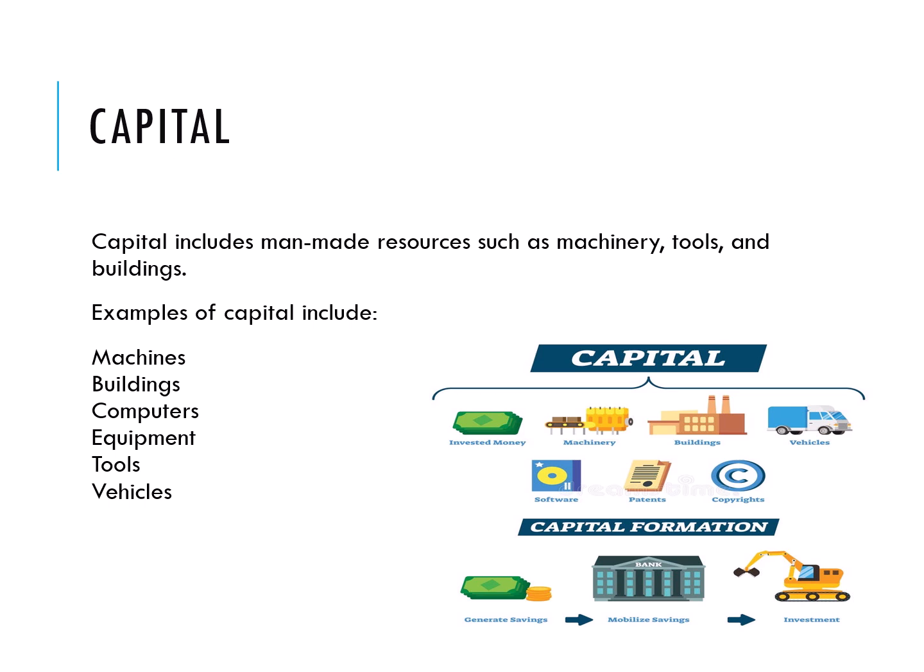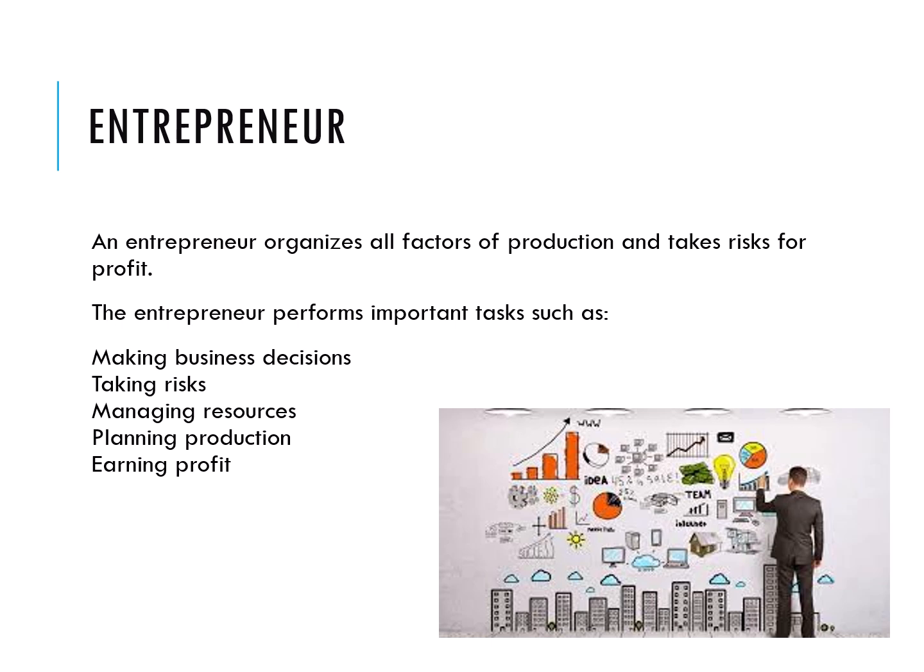The entrepreneur. An entrepreneur is the person who organizes and manages the business activities. They perform several important functions: organize the business, take risks, make important decisions, and attempt to earn profits.